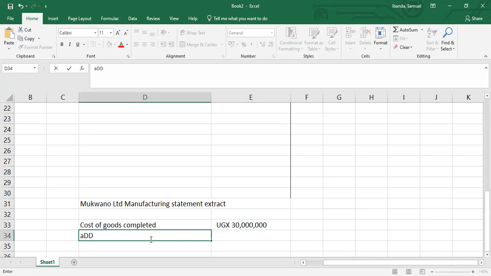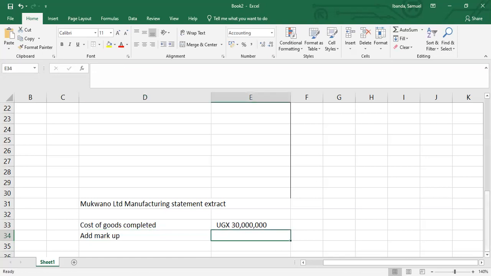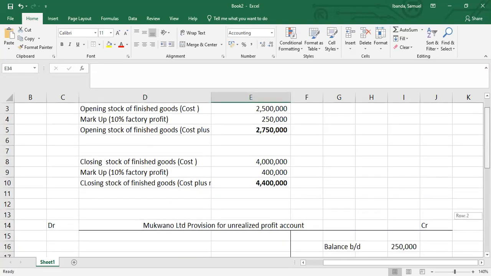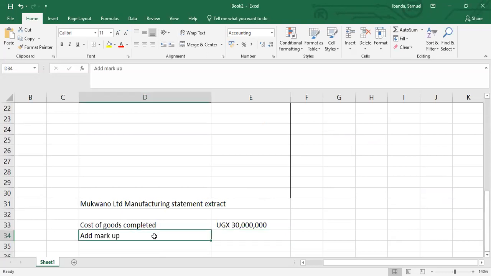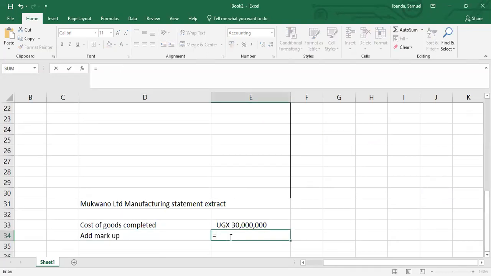Then we shall add a markup. Remember, our markup is 10%, just like we had up here. That markup is our factory profit. So this will be this value multiplied by 0.1. Let me just remove the UJX. So it gets me to 3 million.